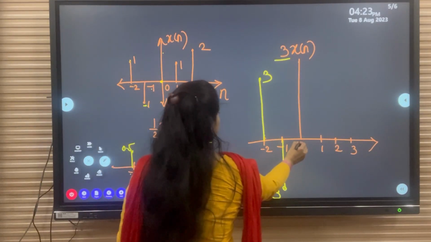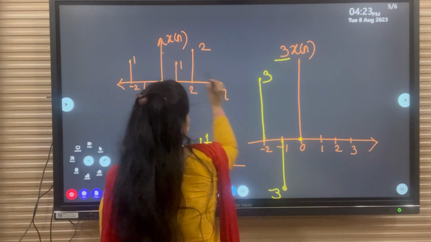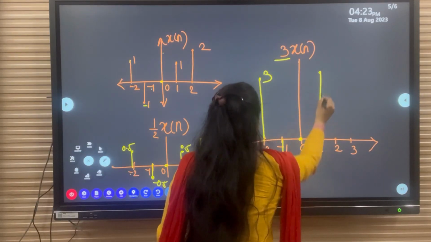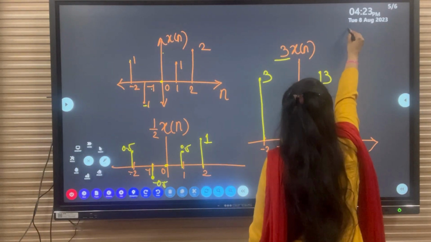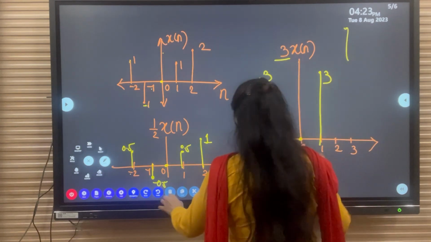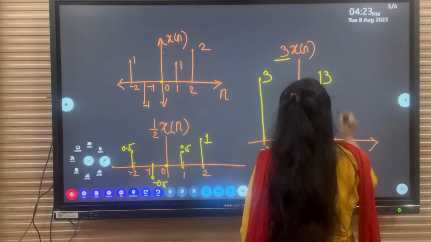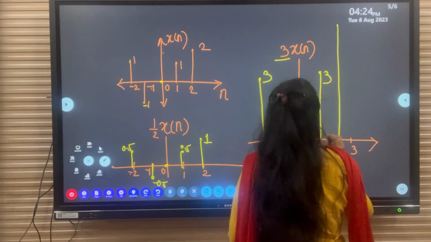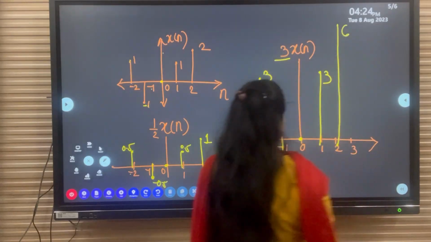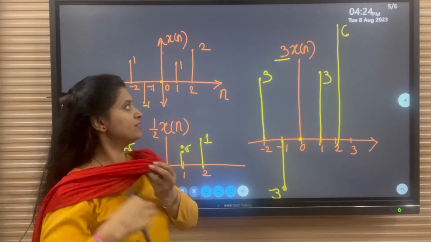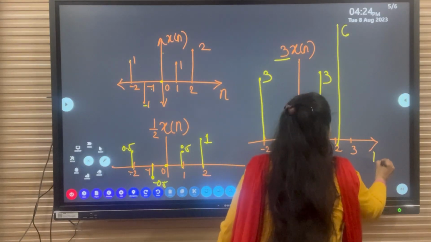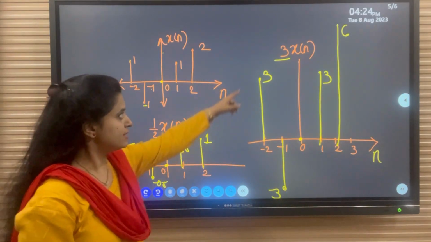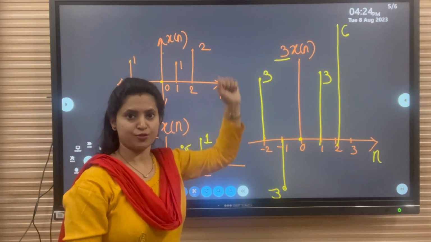Then at 0 into 3, 0. 1 into 3 is 3, then 2 into 3 is 6. So this will be at 2, it is having the amplitude is equal to 6. So this is again having the values of n, and this is your 3 times x of n.